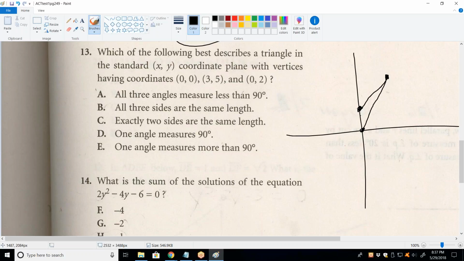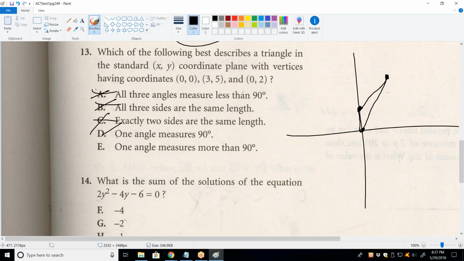The problem says if you have a triangle with those 3 vertices, now let's see if we can answer the questions. Is A correct? No. Is B correct? No. C? No. D?